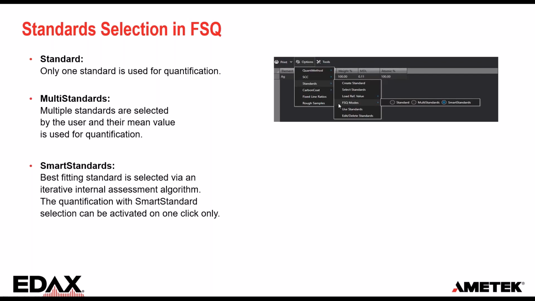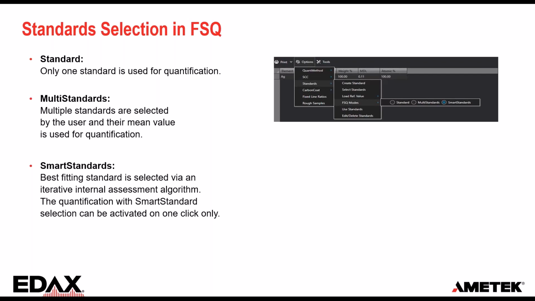And just to quickly tell you what I've done when I selected use standards, we have 3 different modes for FSQ: standard, multi-standard, and smart standard. Standard means that I can decide myself. I want to only use one standard, and I tell the software which standard. Multi-standard is basically that I can select multiple, and it will use a mean value.